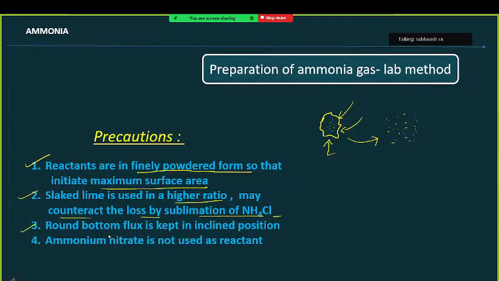The round bottom flask is kept in an inclined position, and ammonium nitrate is explosive. That's why it is not used. Any ammonium salt you can use, but not ammonium nitrate.